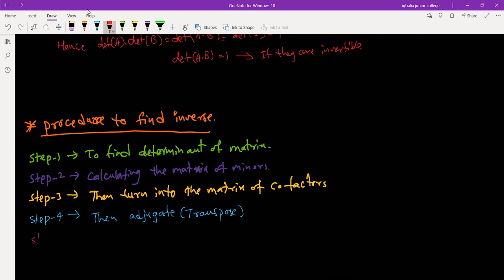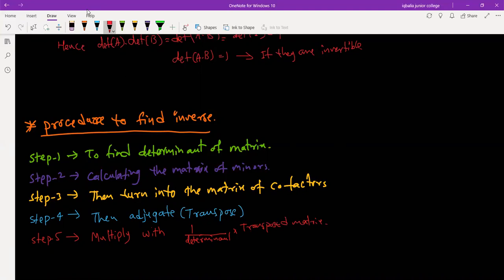Then the final step, step 5, is multiply with 1 by determinant into the adjugate or transposed matrix.